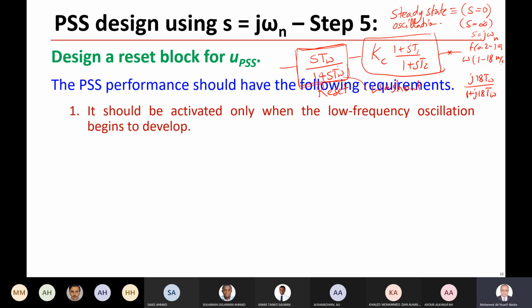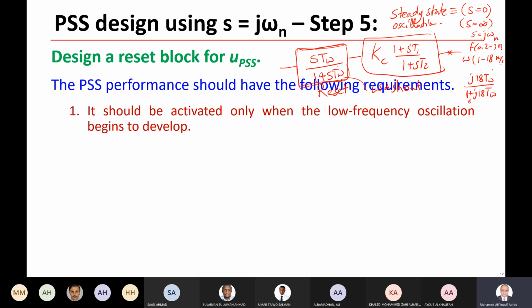Now we need this block not to interfere if we have any oscillation. So if you have such oscillation, you can approximate this one as 0. You can neglect this one, since compared to this part it is very small. You can delete it, you can remove it.